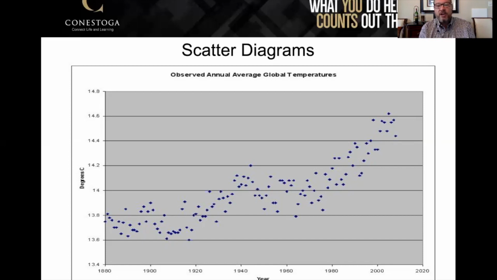After 1940 till about 1980, it's anybody's guess, right? It bounces around, there's not a strong correlation, and there doesn't seem to be a strong pattern to it. But from 1980 on, not only does the pattern get tighter, but it also continues to rise, right? So as the time goes on, the temperature goes up.